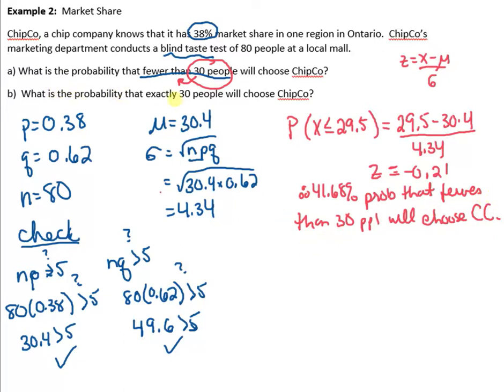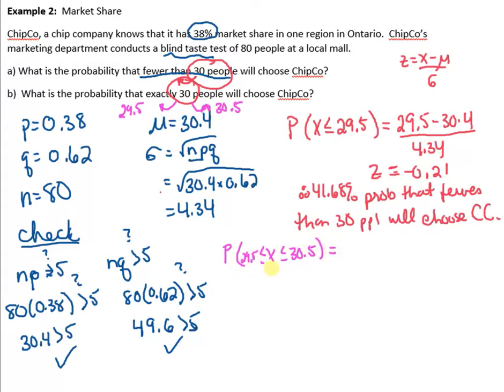Okay, now, what is the probability that exactly 30 people will choose Chipco? So again, we can't actually use 30, so what we're going to do is we're going to gap it down to 29.5, and we're going to gap it up to 30.5. So what is the probability that X is going to be between 29.5 and 30.5?